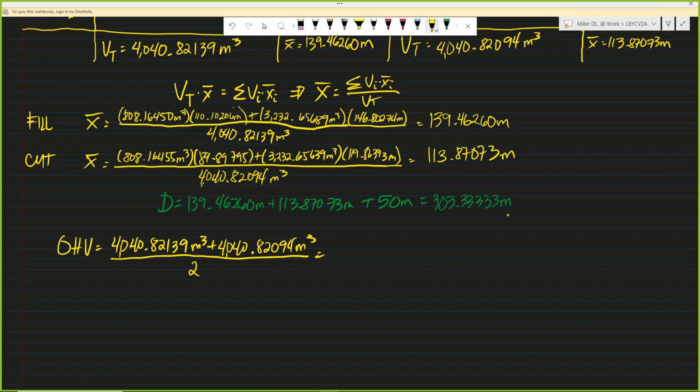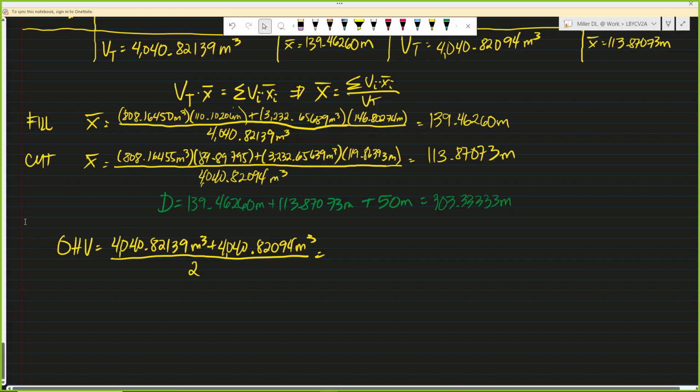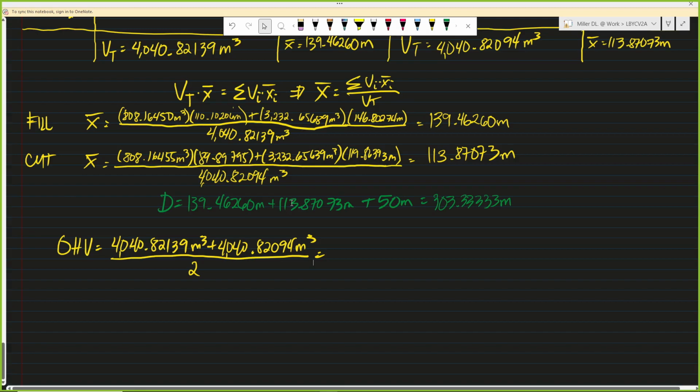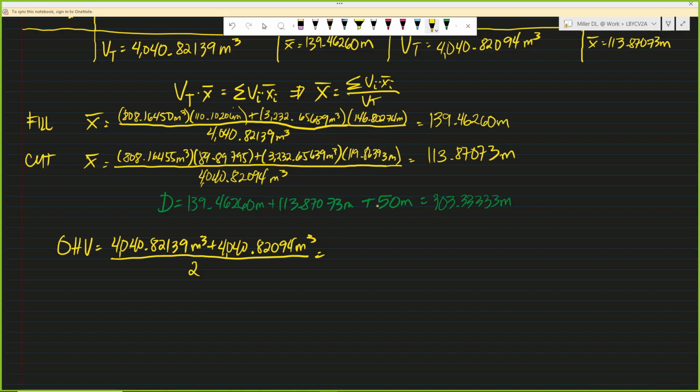Okay, kindly get the average. So we have 40.82117 cubic meter. Okay, may overhaul volume na tayo.